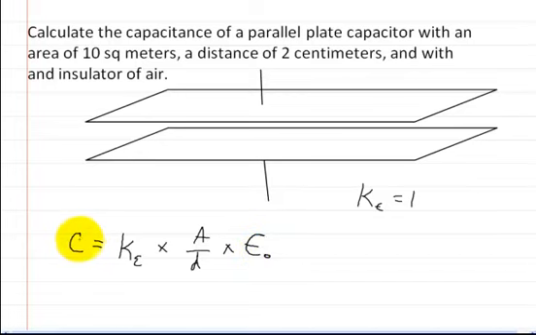So here we have the capacitance is equal to the dielectric constant multiplied by the area divided by the distance multiplied by the absolute permittivity of free space. So let's plug in those values.